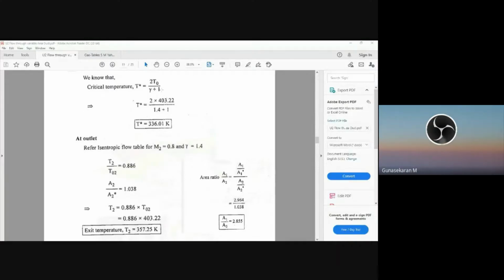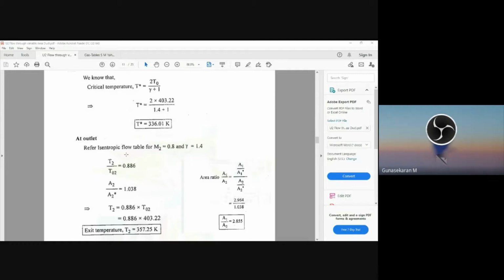We are finding T naught, because T naught is nothing but stagnation temperature that comes from T naught 1, because we have already defined T naught 1 equal to T naught 2 based on the condition. So T star equal to 2 into 403.22 by gamma, which is 1.4, plus 1. So you are getting T star equal to 336.01 Kelvin.